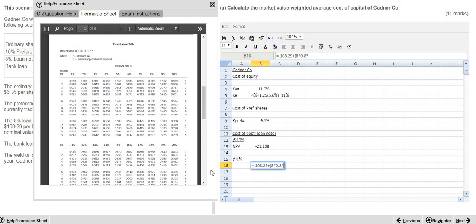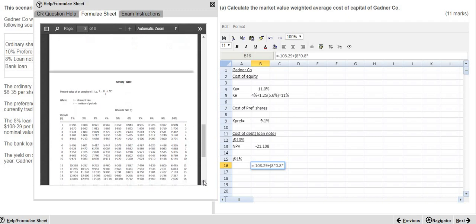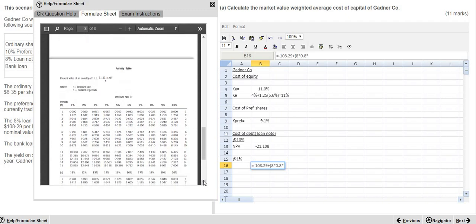So I'll go back to my table. 1% for 6 years annuity. This is 1% here. For 6 years, 5.795. Okay, I close the bracket. I'm going to add the redemption amount multiplied by the discount factor in year 6. The redemption amount we've said is 105, multiplied by the discount factor in year 6.